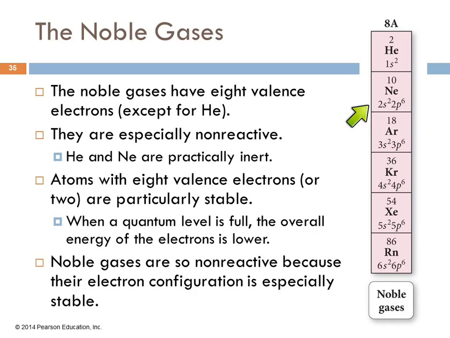Okay? All the other elements are trying to achieve this sort of an electron configuration. I think of the number of protons in the nucleus of an atom as being like its soul, its personality. That cannot change. You can't change who you are. The electrons are on the outside of the atom. They're more like your hair and your clothes and stuff you carry around with you.